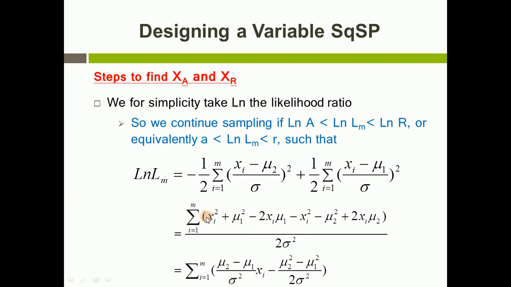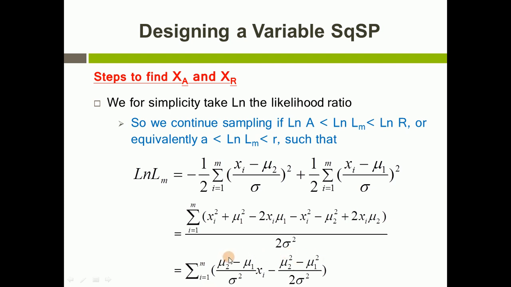As you can see, I can cancel xi squared here with this xi squared. Then I can take the mu1 squared with the mu2 squared together, and then I can take mu1 multiplied by xi with mu2 multiplied by xi. I shall take xi as a common factor, leaving out the summation notation. So now I can say that this is the form of ln Lm.